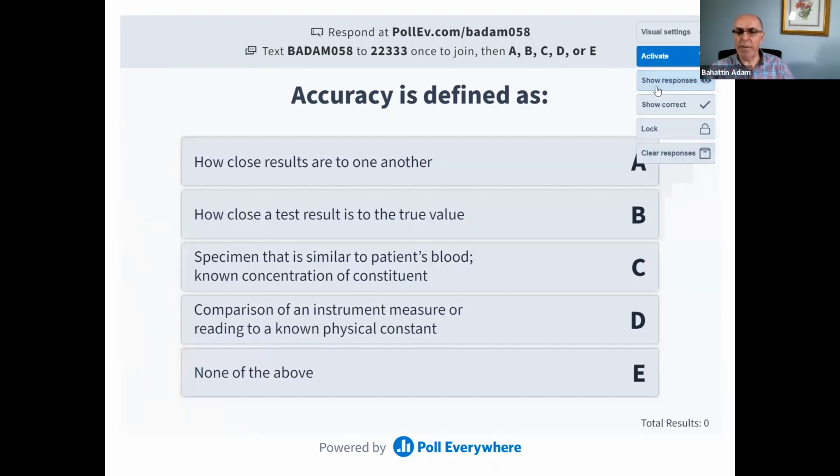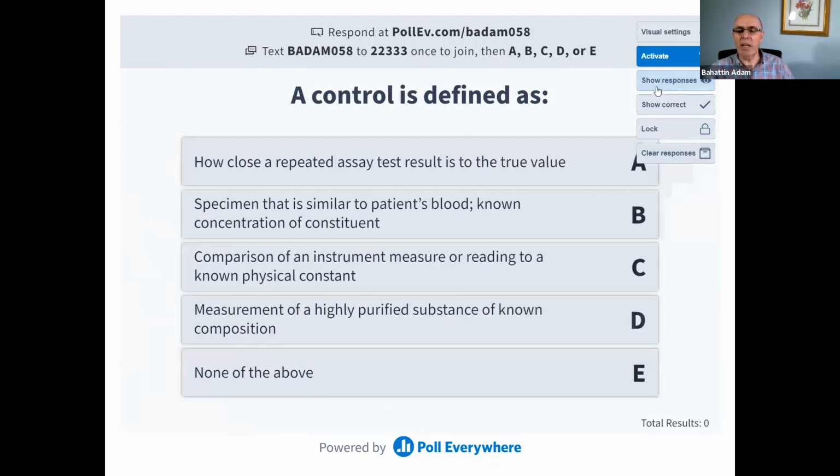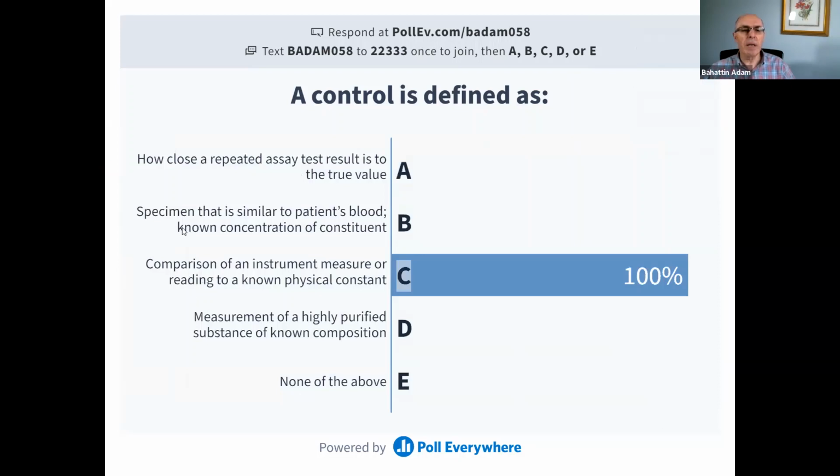Not bad. Now, a control is defined as a specimen that is similar to the patient's blood, with known concentration of constituents.